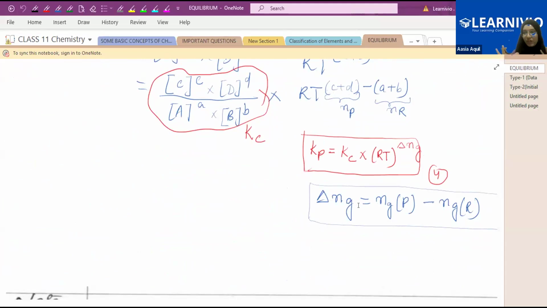And what is delta Ng over here? Delta Ng is the change in the number of moles, which is given by the number of moles of gaseous products minus the number of moles of gaseous reactants.